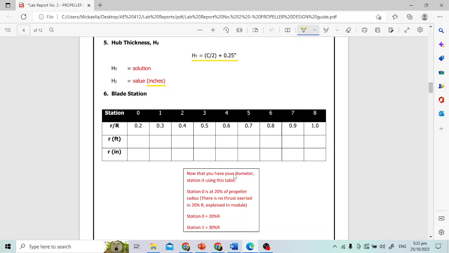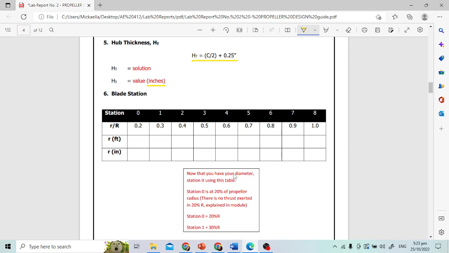So the next part, I mean, is yung ating blade station. So using your radius, which is again half the diameter, station it using this table. So now that you have your diameter, paano? Start with station 0, which is indicated there, 20% of the propeller radius.